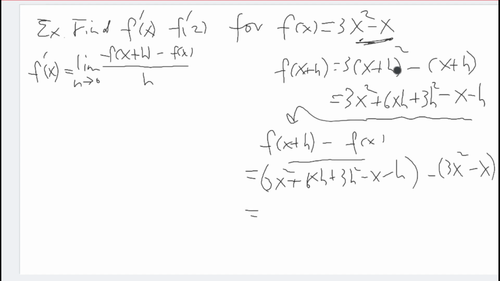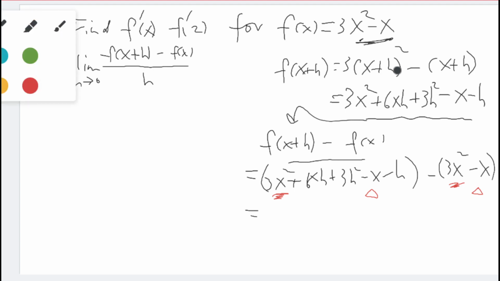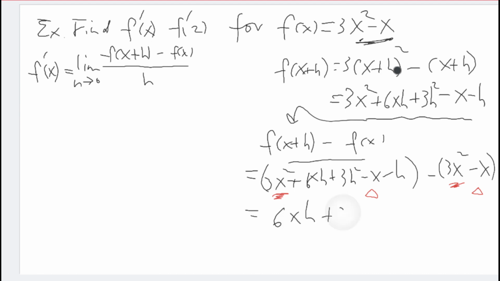And then cross out, for example, 3x squared and the 3x squared. It's 3x squared minus 3x squared. And then also there's x minus x. There's subtraction in between. With those terms canceled out, I still have 6xh, 3h squared, minus h left.